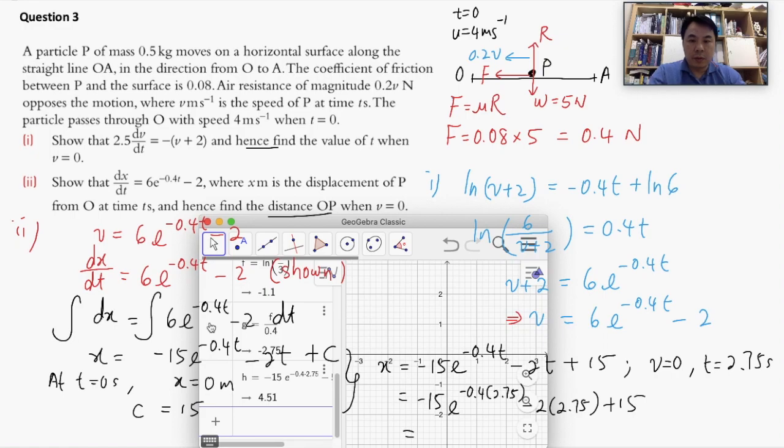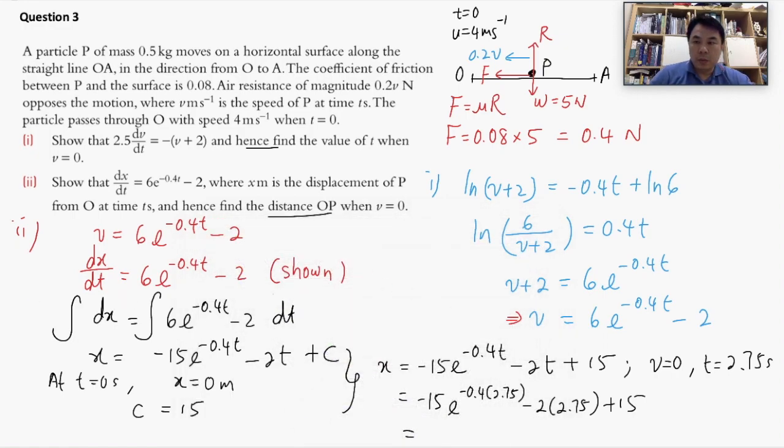So what we have is 4.51. So this is 4.51 meters. That is the distance OP. Okay, I hope it is clear up to this question. Alright. Okay, I'm going to clean this up first.